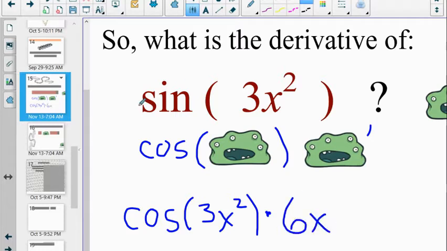The derivative of sine of 3x squared is cosine of 3x squared times 6x. All right, we'll try another one that's pretty similar to that. And actually, I should be more careful with my notation. This is my function, y equals, and so our derivative is cosine of slime times slime prime. The derivative is cosine of 3x squared times 6x.